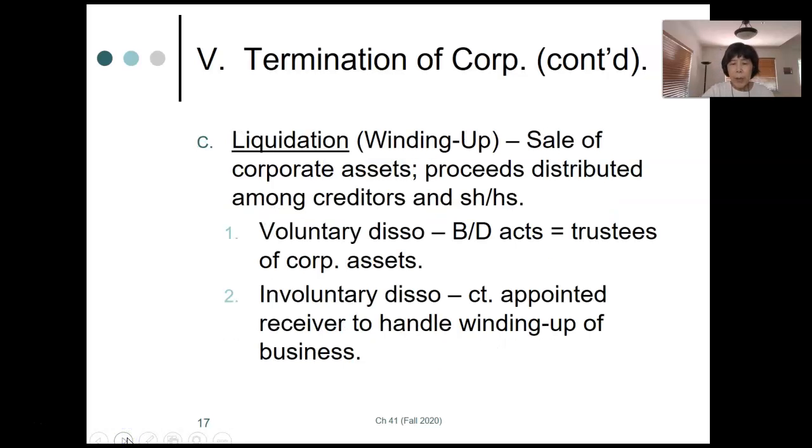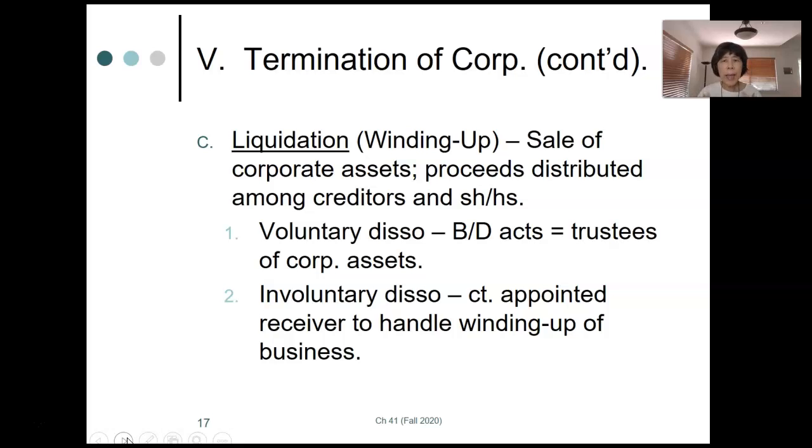All right. But once we have this dissolution that has taken place, most likely through some act of the corporation itself on a voluntary basis, right? Then the corporation enters into a phase of liquidation, and that's the winding up phase. All right. What goes on during liquidation? There will be a sale of the corporate assets.